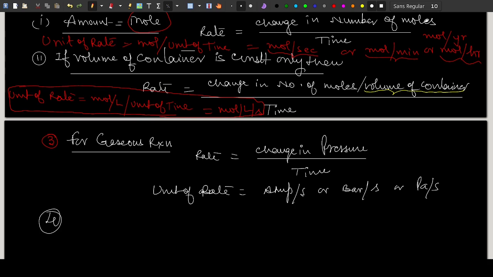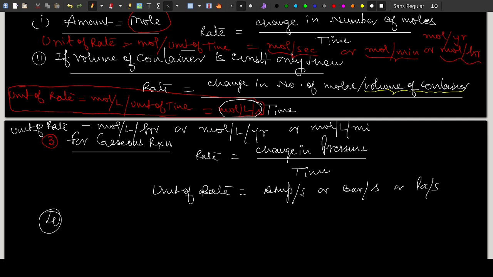In this, mole per liter per second we wrote, but at the same time we can also say the unit of rate may be mole per liter per hour, or mole per liter per year, or mole per liter per minute.